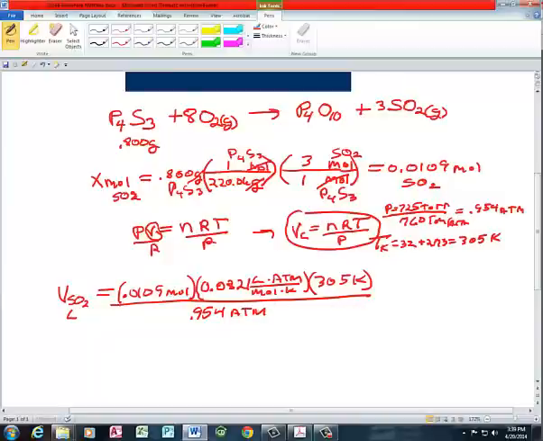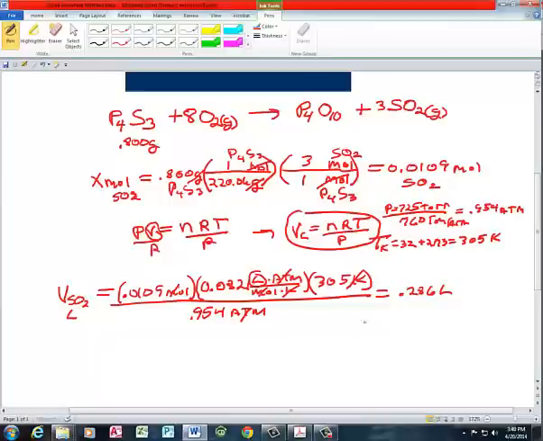We'll go through a quick check to make sure we've set our problem up correctly by canceling the units. Atmospheres over atmospheres cancel. Moles over moles cancels. The temperature in kelvins over kelvins cancels. That leaves us with our volume in liters. Once we do the calculations carefully, we wind up with 0.286 liters.